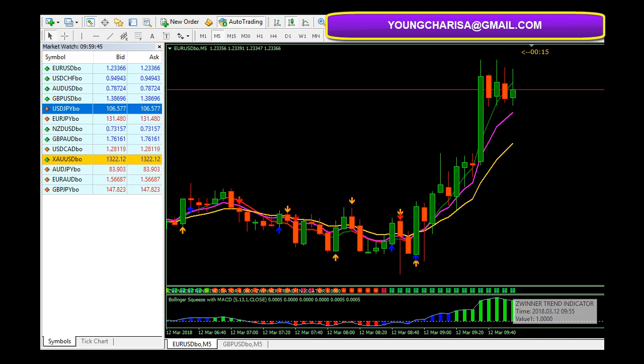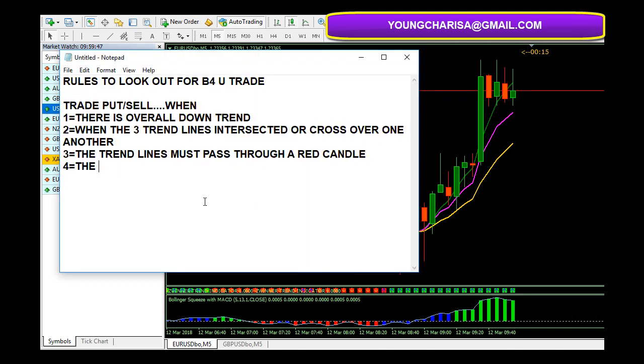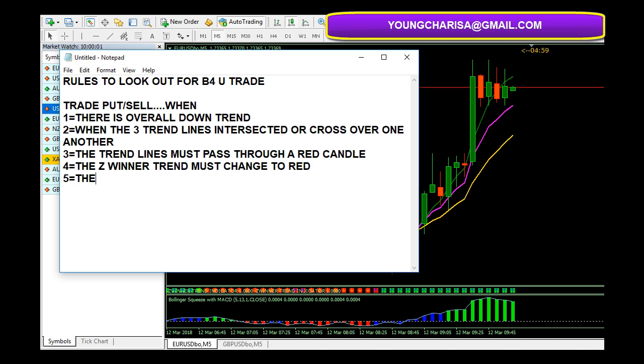The Z winner trend, the Bollinger Squeeze must touch line 0 here.